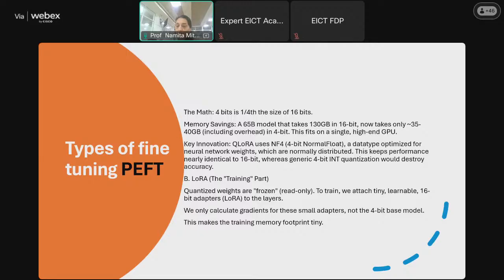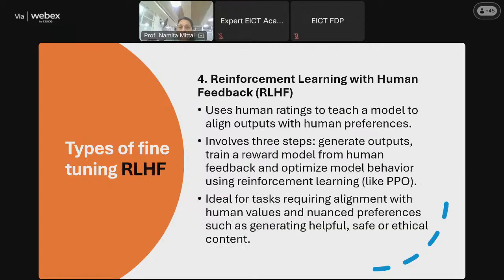From LoRA to QLoRA, what we have done is made our weights frozen, so they cannot be changed, read-only. We only calculate gradients for those small adapters, not the 4-bit base model. So this makes the training memory footprint tiny, smaller. For some specific cases, QLoRA works well.